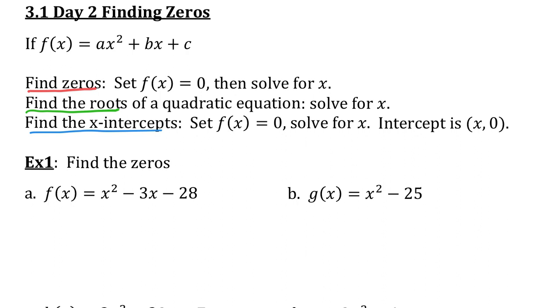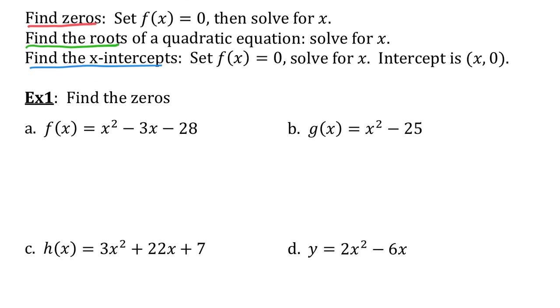So for the first example, it says find the zeros. So if I want to find the zeros, I set the equation equal to 0. I solve for x. So let's set this equal to 0. Okay, now in terms of solving quadratics, we've reviewed factoring and square root. So whichever method works best for you in that situation is what you're going to want to do. This looks like factoring. So let's go ahead and factor it.